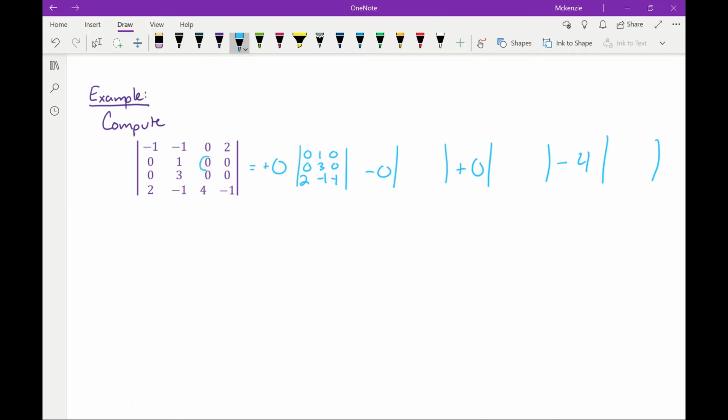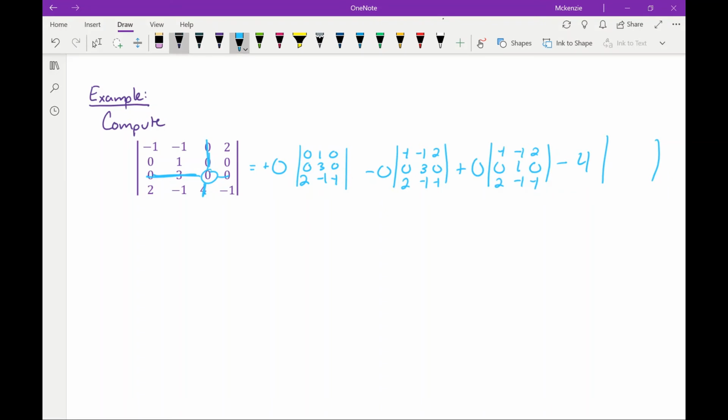Let's continue down to the second one. Again, we are multiplying by 0, but let's get the practice in. So we have negative 1, 2, 0, 3, 0, 2, negative 1, negative 1. The third one, also multiplying by 0, is going to give us negative 1, 2 again, 0, 1, 0, 2, negative 1, negative 1.